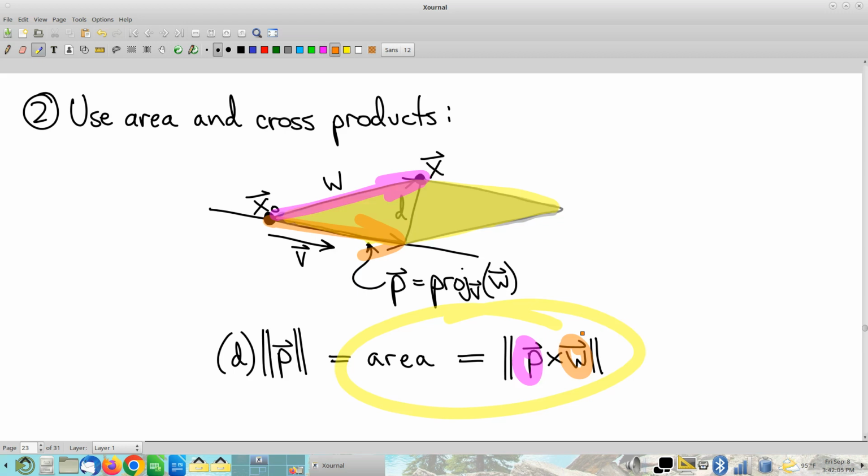I got those backwards. Let's see here. The projection cross the original difference vector. This is a cross product of the two edges, the two vectors defining that parallelogram, assuming this is 3-dimensional. And that magnitude gives you the area.